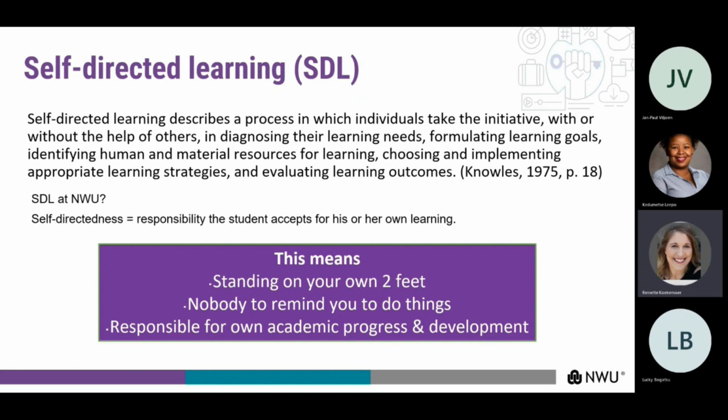You need to accept that it is nobody's responsibility to remind you of anything that you need to do or submit, and that only you are responsible for your academic progress and development. At Northwest University, students are responsible for their own academic success by being self-directed and making use of all the available resources to achieve their academic goals.